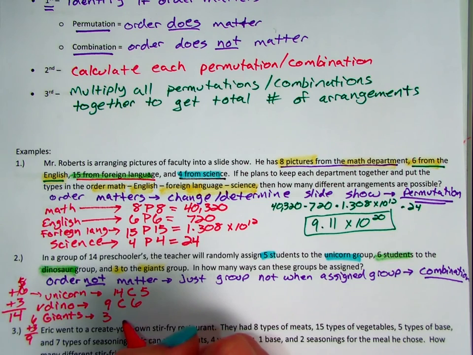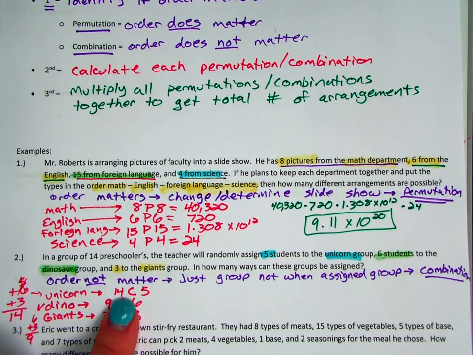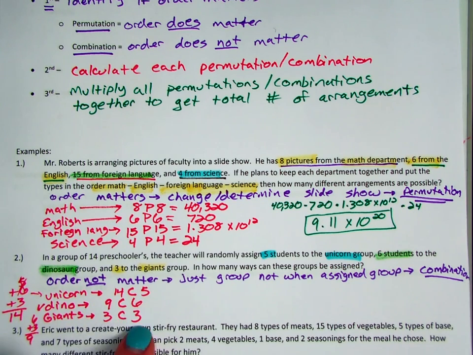So I will have 3 left, and I will choose 3 of them. So when you're doing these, you have to be careful, because once you do one of them, you have to realize if I've already taken 5 of my choices, that means I don't have 14 anymore. I'm now down to 9, because 14 minus 5 means 9 are left to choose from. And then when I choose 6 of them, those 6 have already been assigned to a group, so I don't have 9 left to choose from. I have 9 minus 6, which means 3. And since there were 3 getting assigned to the giants group, then it's 3 choose 3.